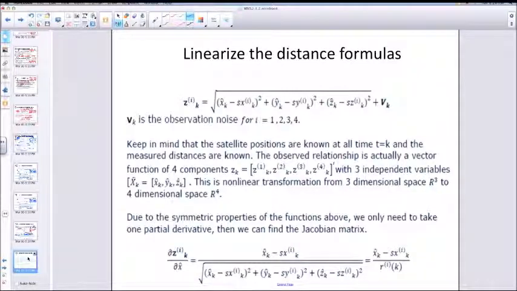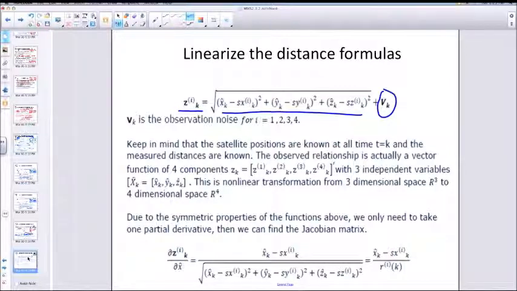This looks really complicated, but the math model, again, don't be scared. That's just the noise. Because the real distance, you never know. But the predicted distance is that formula. Depending on your position, you predict it. And the satellite position is known.